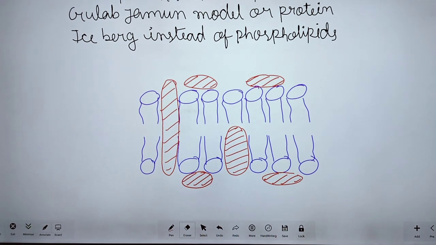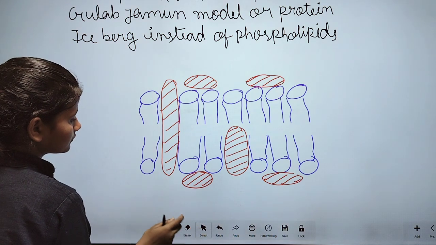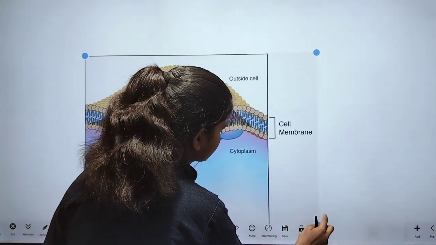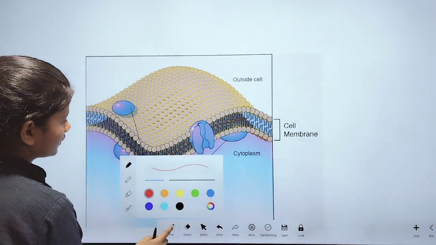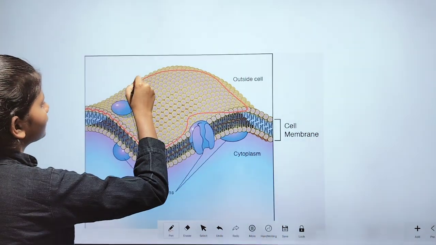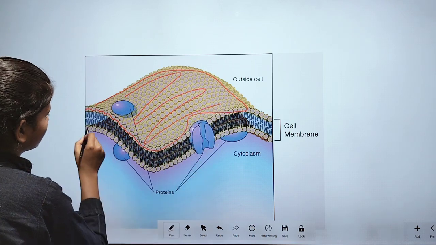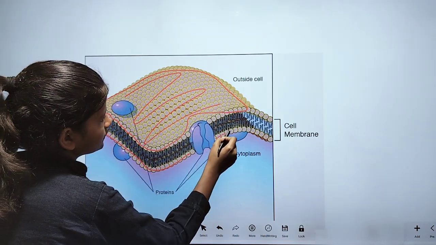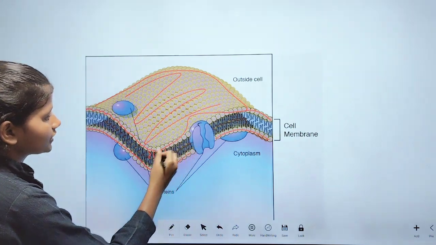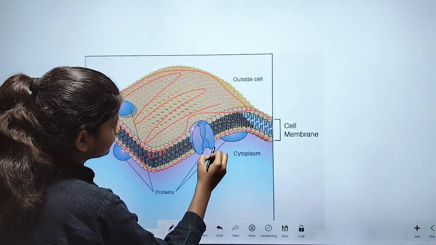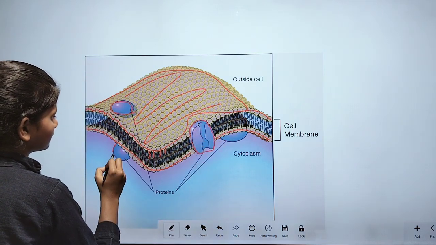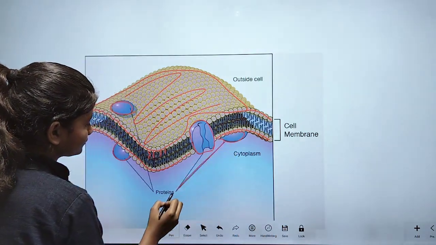Let's see one more figure like this. This one is the layer of phospholipid, and this one is known as proteins.